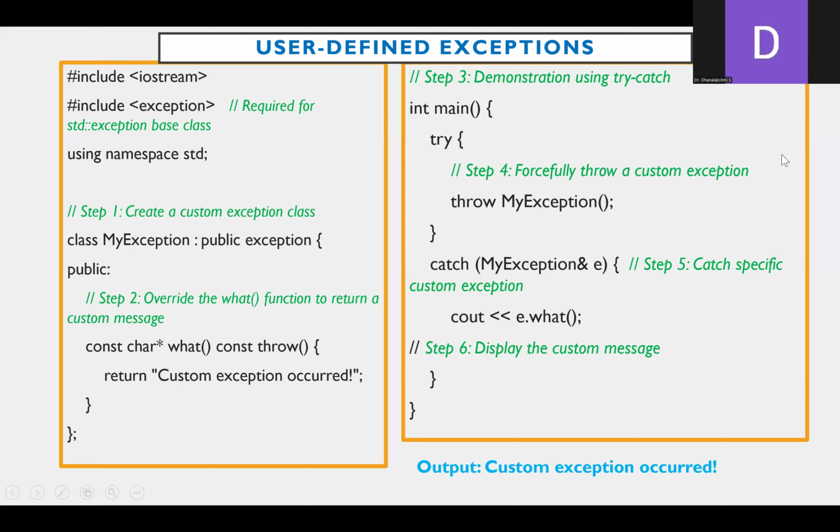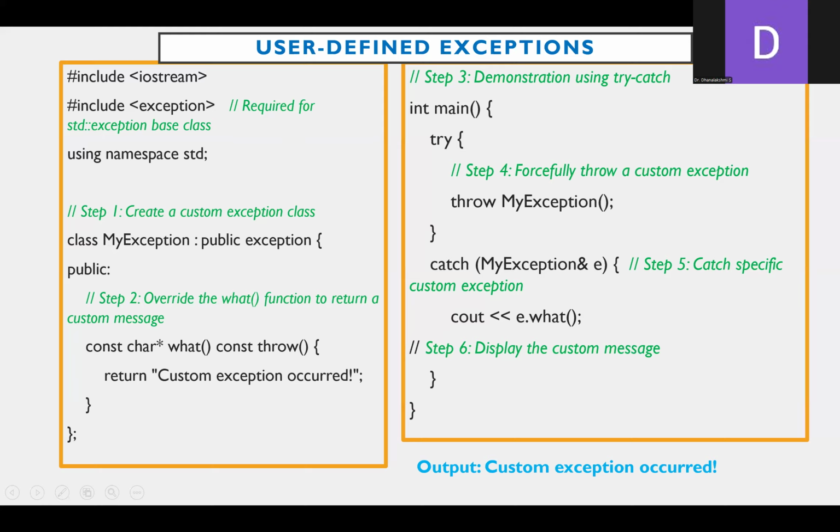Coming to the last, step 4, the catch block. In the catch block, catch (myException& e), cout << e.what(). The thrown myException is caught here by reference, myException& e.